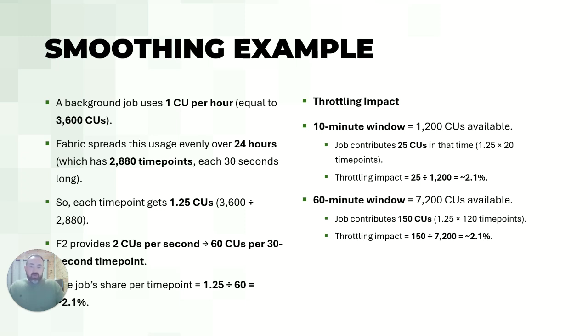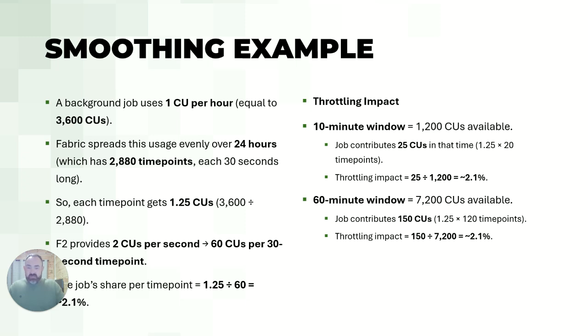So what's the throttling impact of that? If that's a 10-minute window, we've got 1,200 CUs per second available. So that job contributes 25 CUs per second in that time: 1.25 times 20 time points. So the impact of that is 25 divided by 1,200, which is around 2.1%.